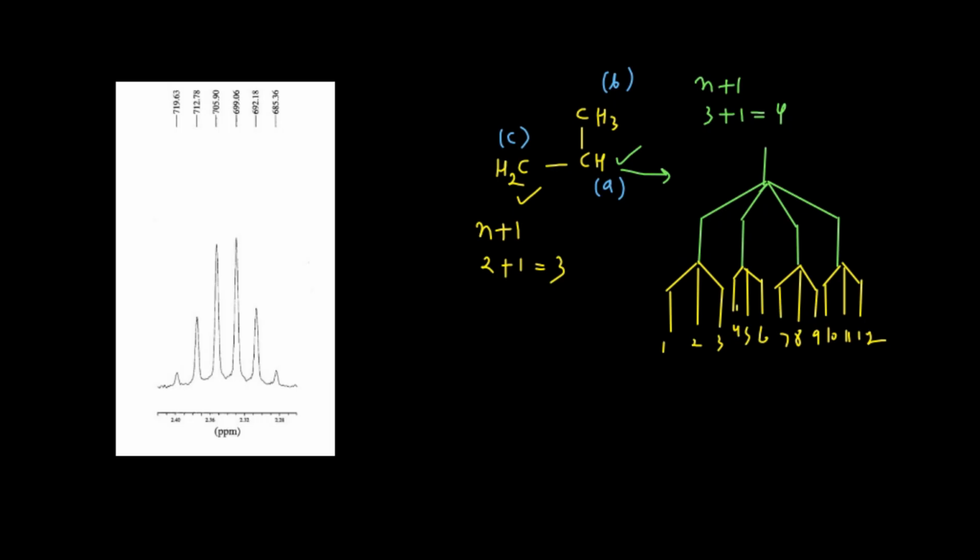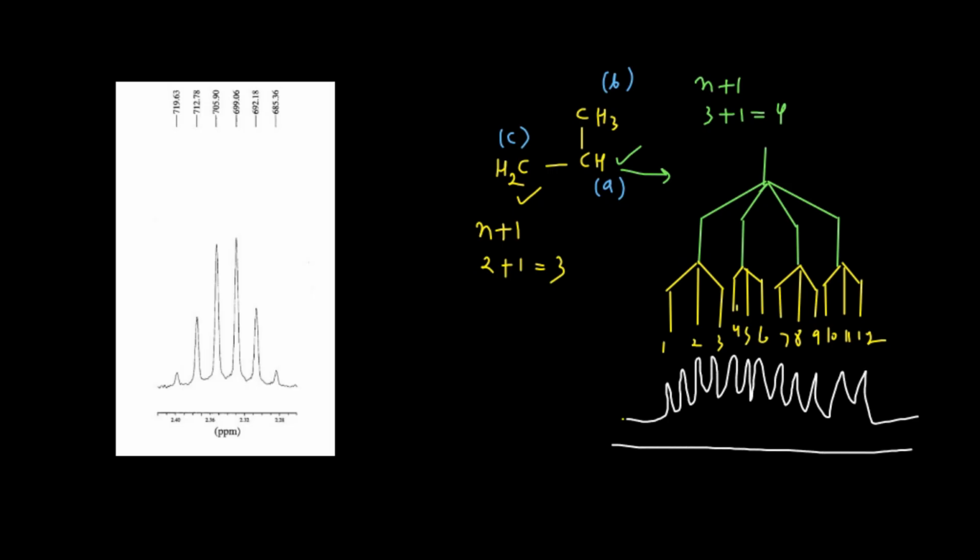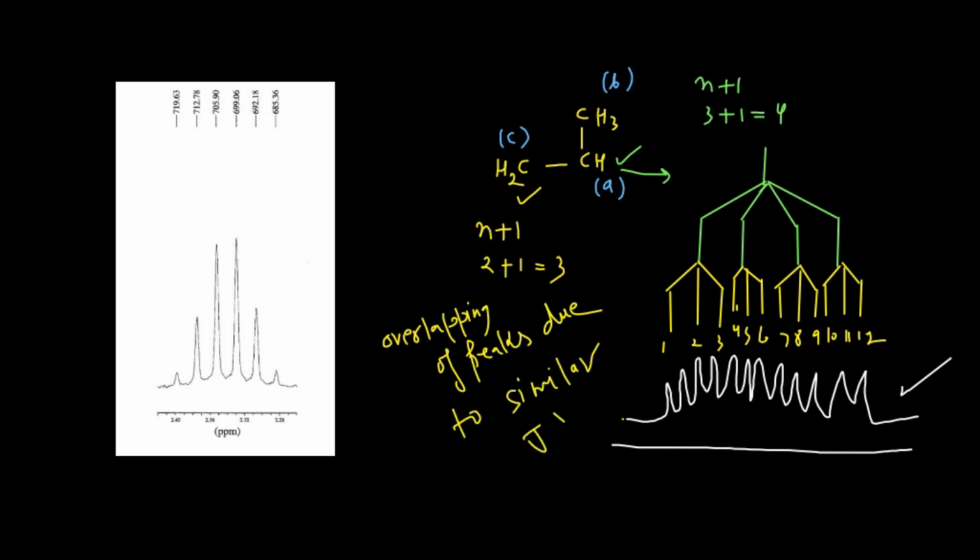But we are getting only 6 lines or 6 peaks. This is due to the overlapping of peaks due to similar J values.